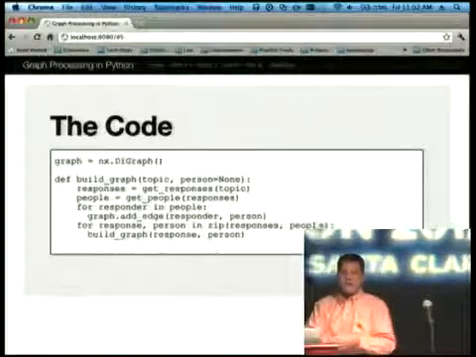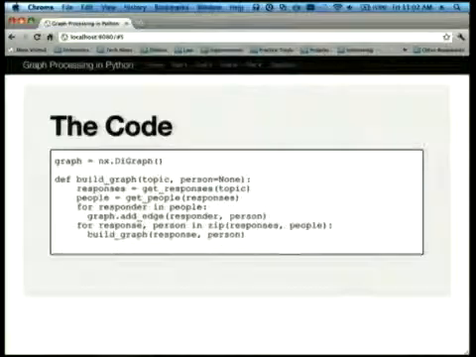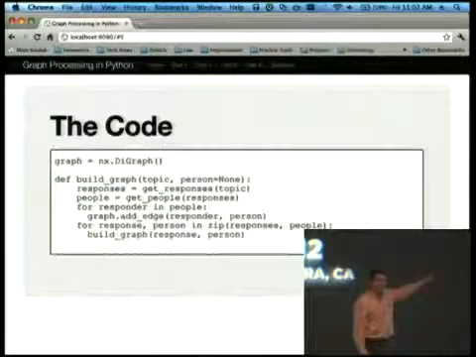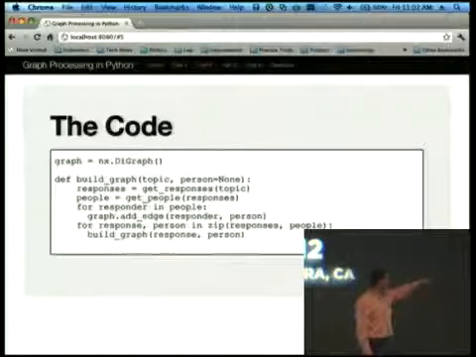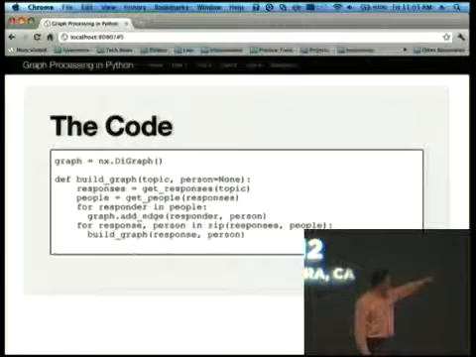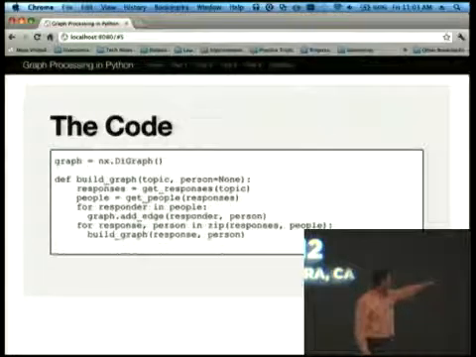If you'll notice, I've got this build graph function here. Actually, it's easier to point to here. I'm using NetworkX, a DiGraph, that's for a directional graph. I had a topic and a person. I got all the responses, and all the people that made responses.